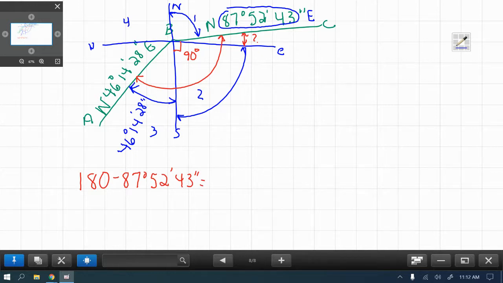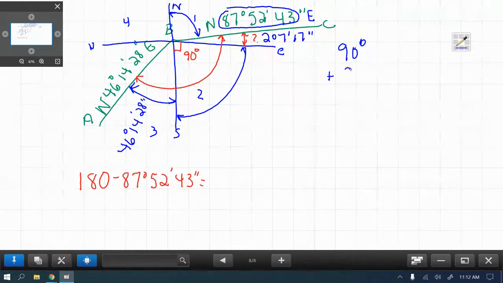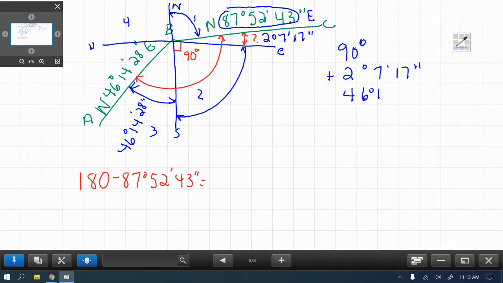So I saw somebody figured out what this was, that 2 degrees, 7 minutes and 7 seconds. And then they added that plus 90 plus the 46, 14, 28. So if you did that, it would be 90 plus 2 degrees, 7 minutes, 17 seconds, and plus the 46, 14, 28.